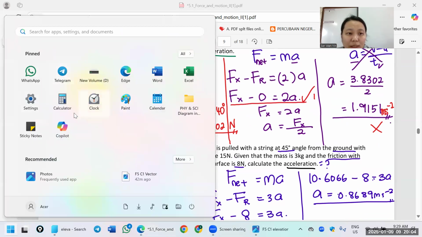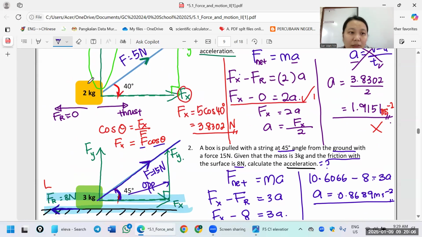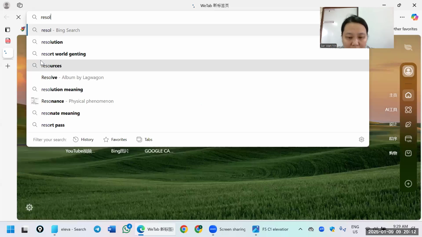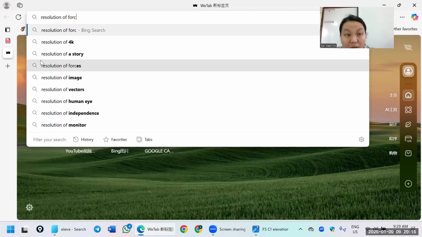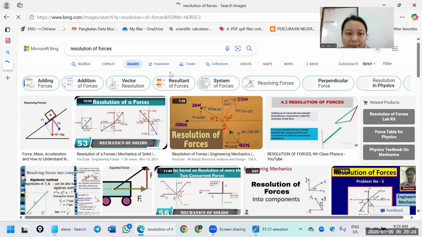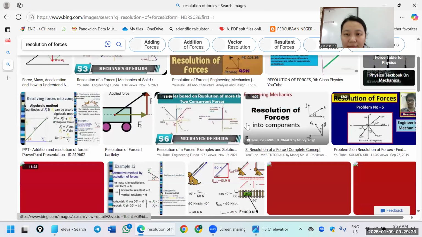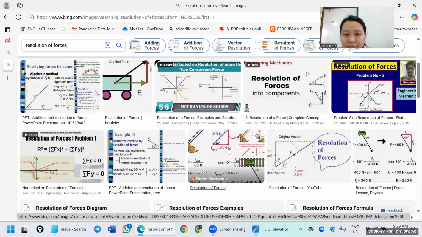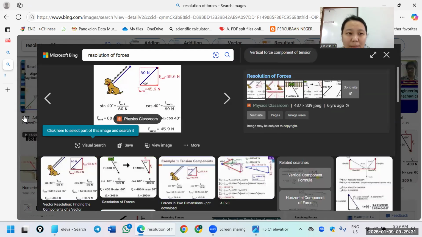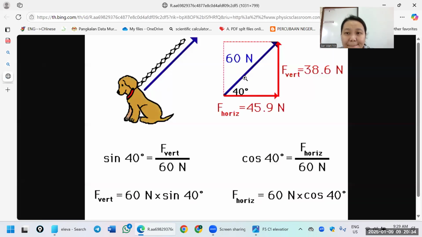Okay, let's see one question about the resolution process. Now for example, this dot one, see this dot makes the string very straight.